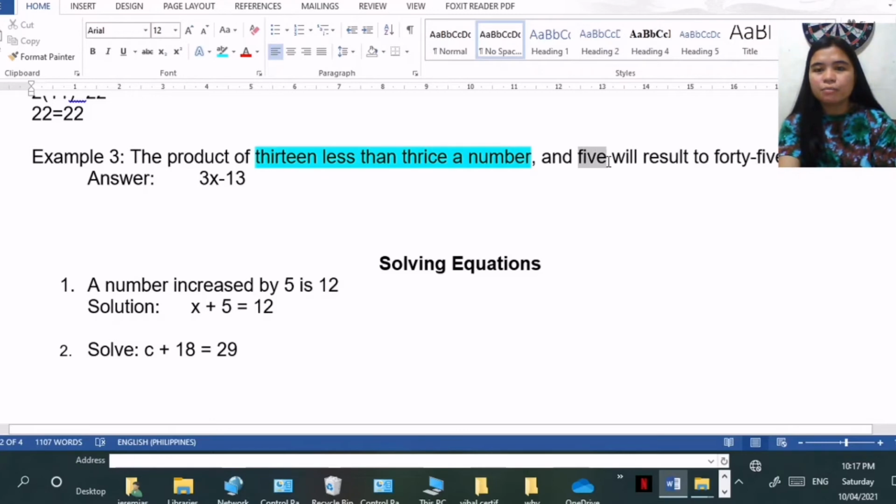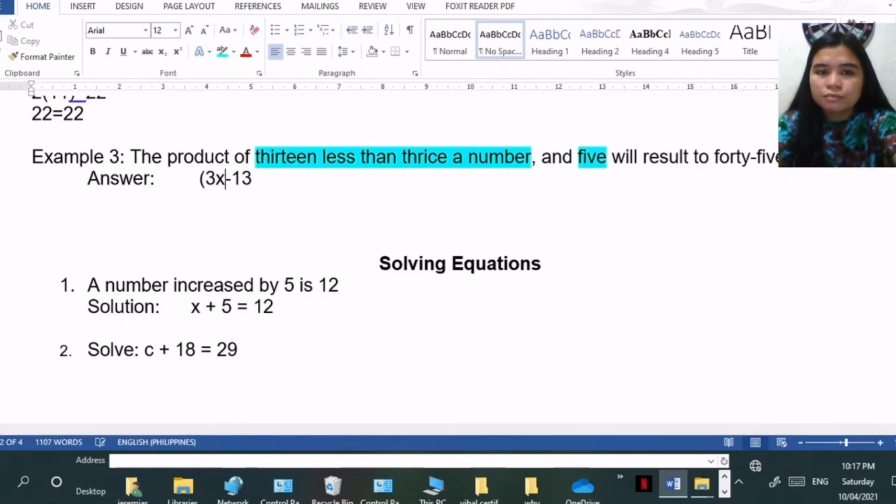O, ano yung and 5? So, ibig sabihin ng and 5, sabi nga, product of 13 less than a number and 5. So, ibig sabihin, you are going to multiply it by 5. Yan.